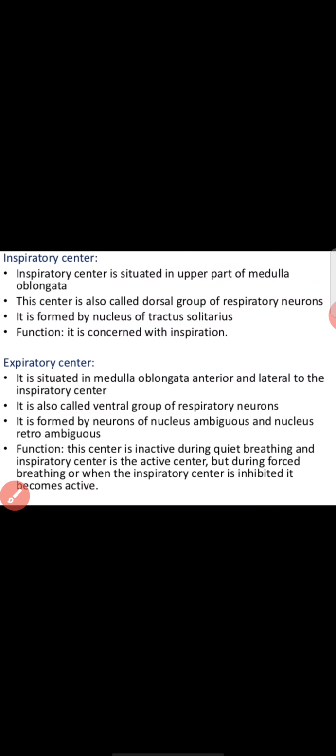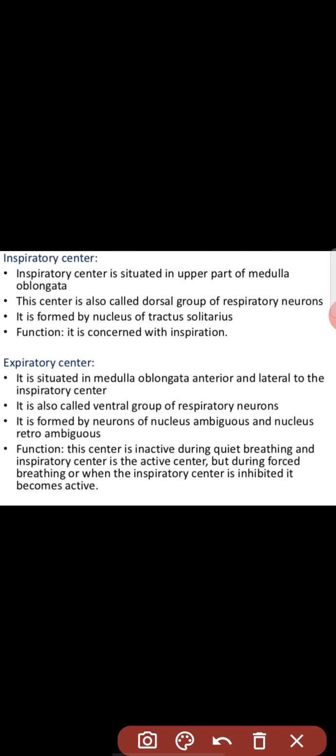Now the inspiration and expiration centers. The inspiratory center is situated in the upper part of the medulla oblongata. This center is also called the dorsal group of respiratory neurons. It is formed by the nucleus and tracts of solitarius. Its function is concerned with inspiration. The expiratory center is situated in the medulla oblongata, anterior and lateral to the inspiratory center.